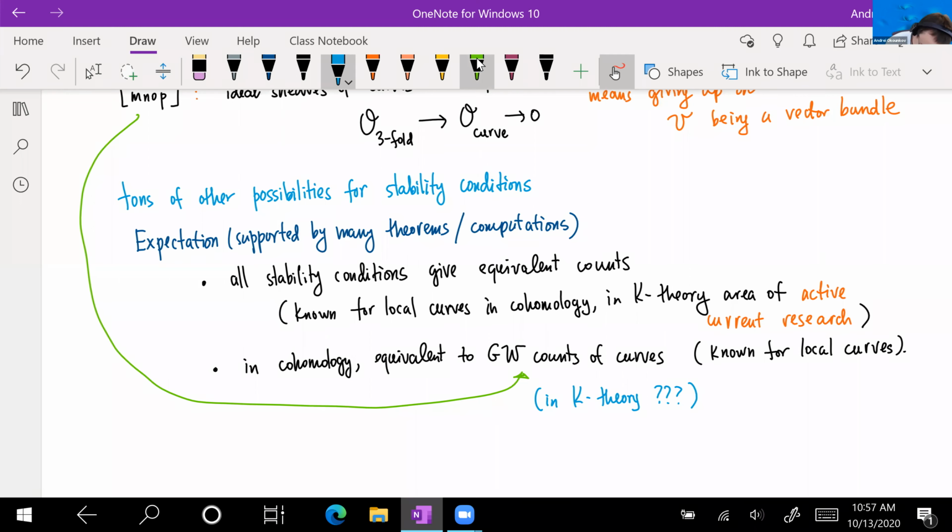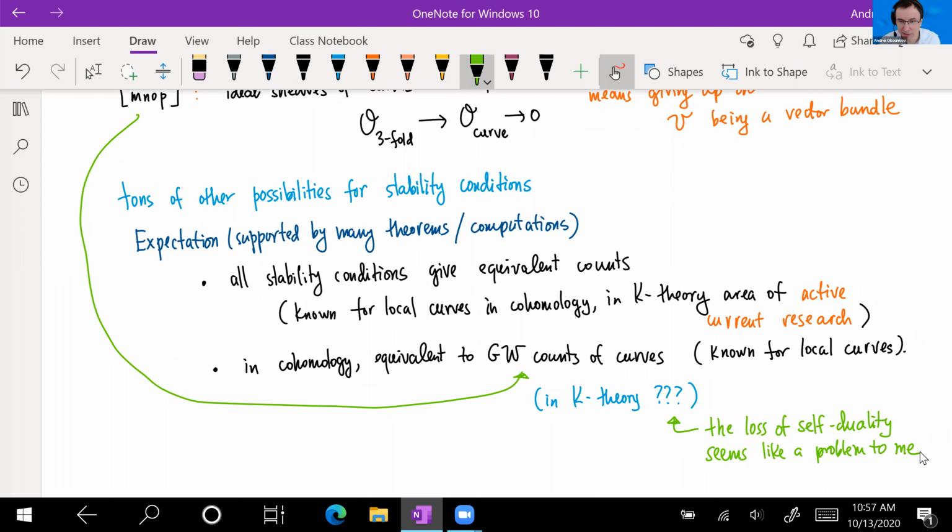But the result is that, I mean, I personally don't know what to do with the loss of Serre duality. It's a problem to me. So I don't know what to do there.